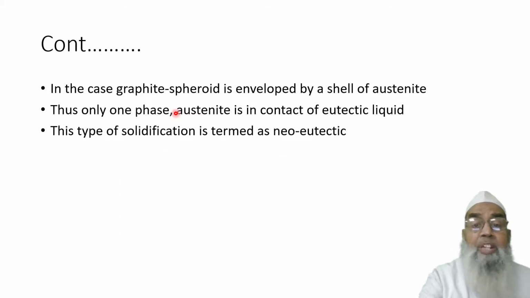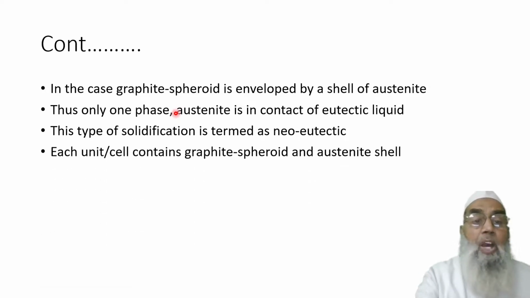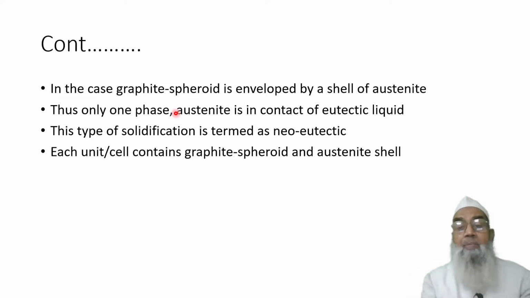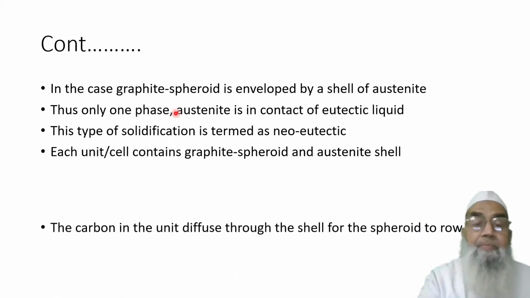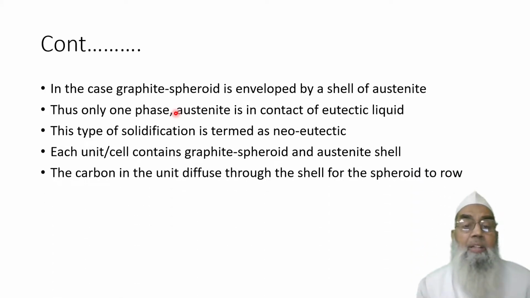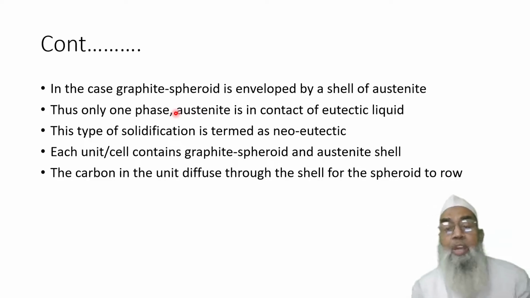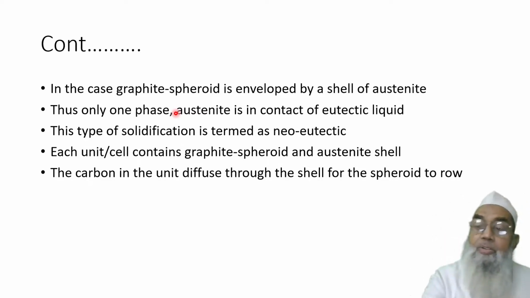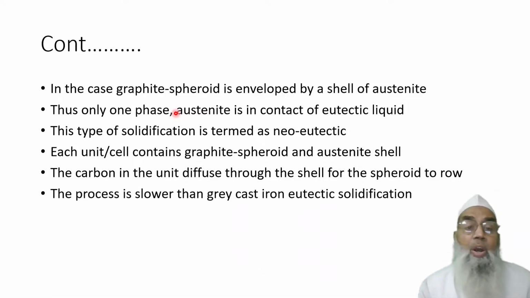This type of solidification is termed divorced eutectic. Each unit cell contains a graphite spheroid and a surrounding austenite shell. The carbon in the liquid diffuses through the shell into the spheroid to grow it, and the process is slower.